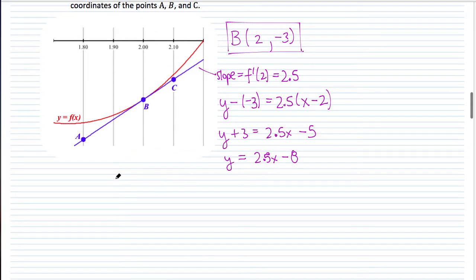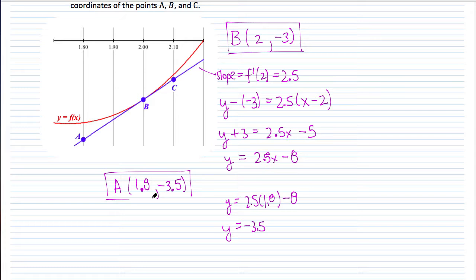So A will just have an x coordinate of 1.8, and then our y coordinate will come from this equation. So we will say y equals 2.5 times 1.8 minus 8. Plug this in your calculator and you get -3.5. So our A has a y coordinate of -3.5.